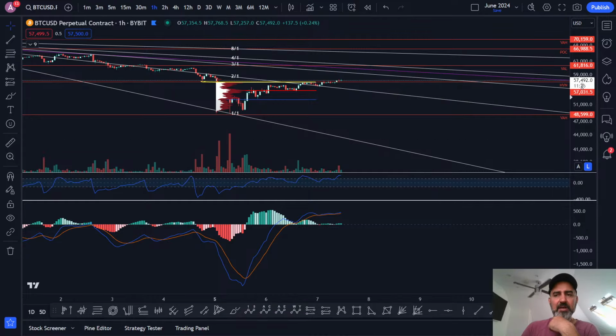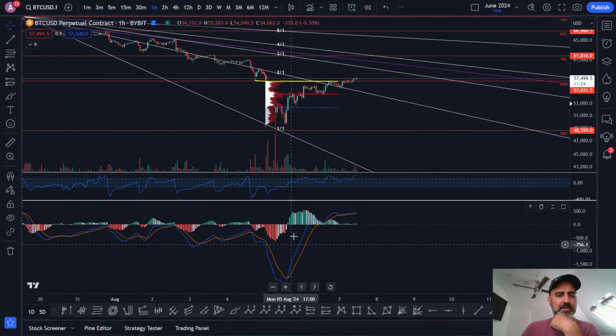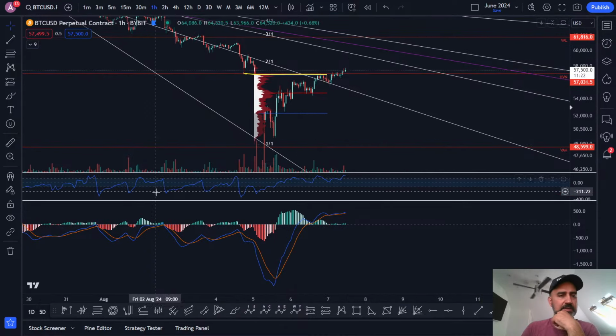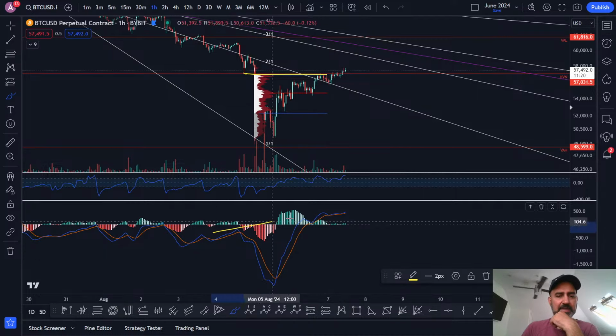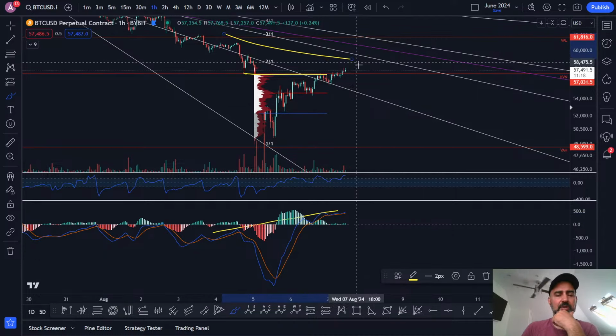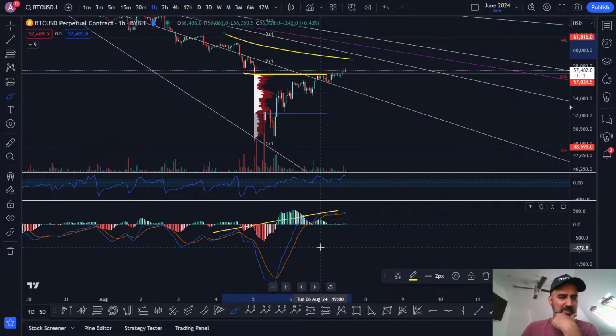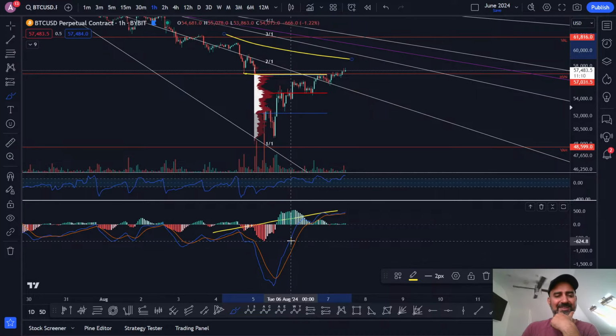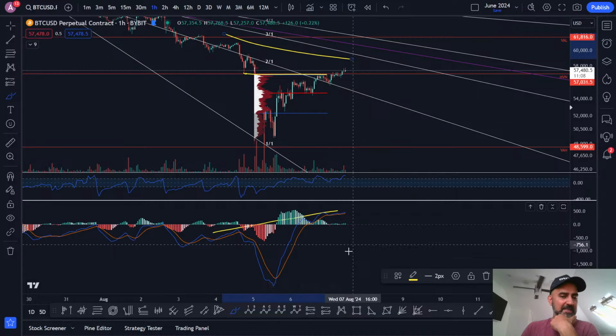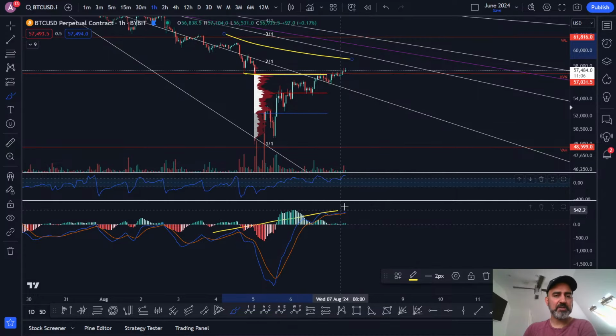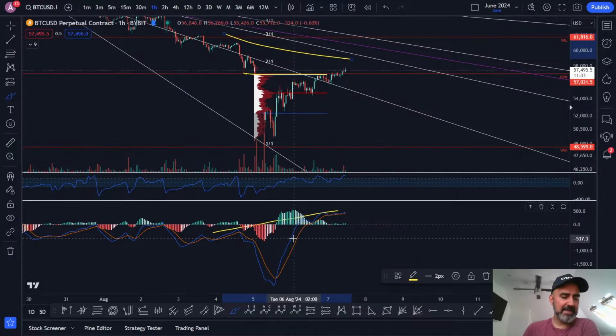I can see quite bearish divergences in the MACD. You can see here you're making a higher high, and a lower high. You can see it's quite bearish. This isn't hidden bearish, this is just normal bearish.